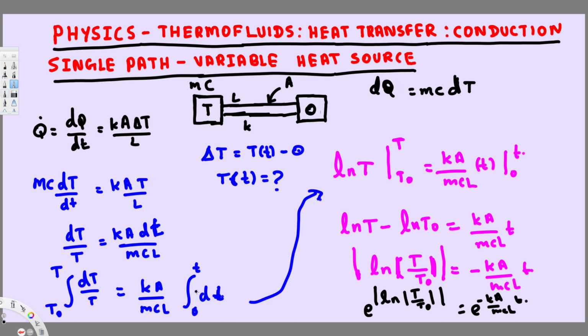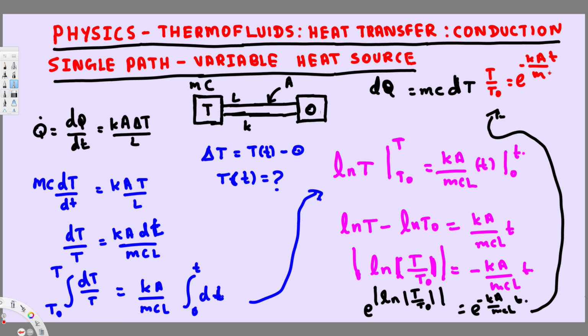Now let's write the final expression. We need some space right here, so let's continue this one right here, right? I write with different color. So here we are going to have T over T naught, that's equivalent to e power minus kAt over mcL.